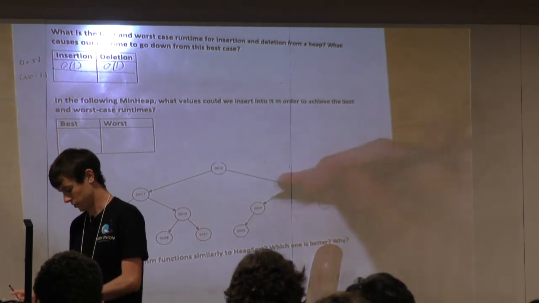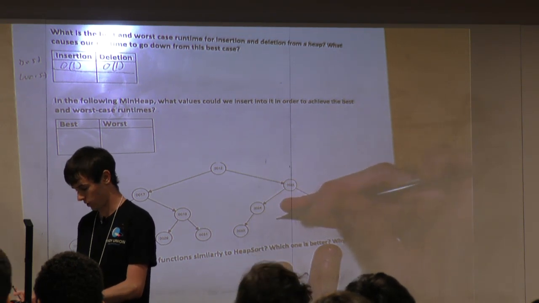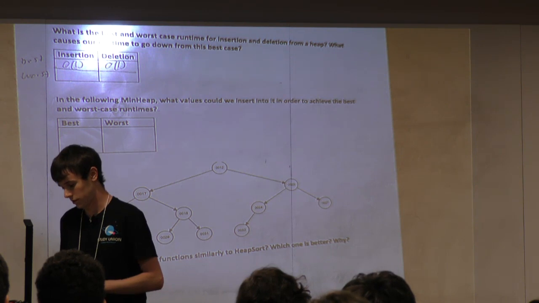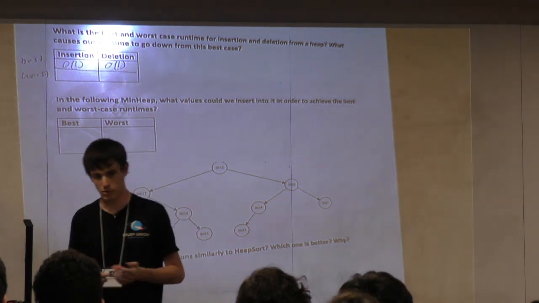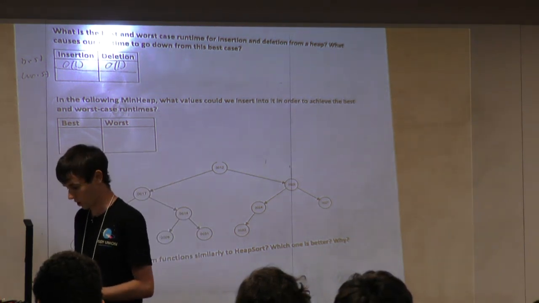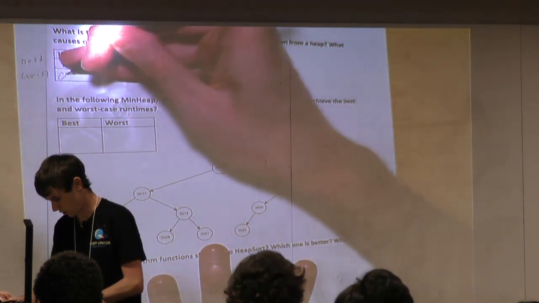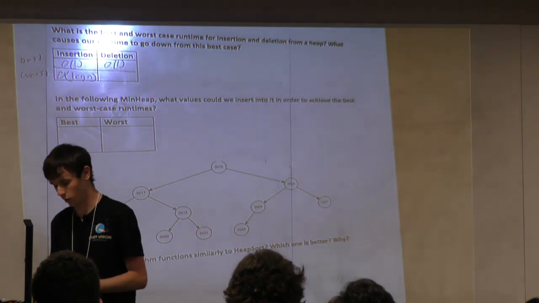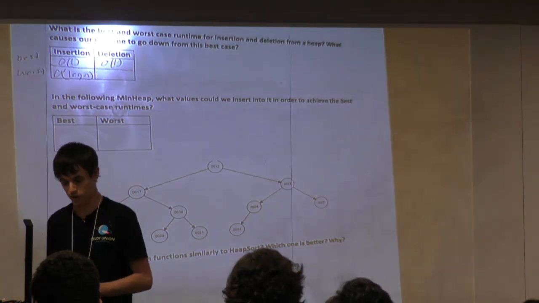Since in this case, let's say down here, if we insert something, worst case, we're going to have to do 3 percolations, right? So this isn't necessarily like order n or something really bad. We're going to say that this is always going to be order log n for our insertion. And the reason we say that is because our log n is going to be our number of percolations to get up to the top.